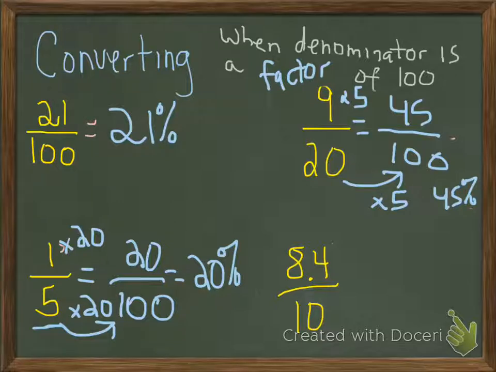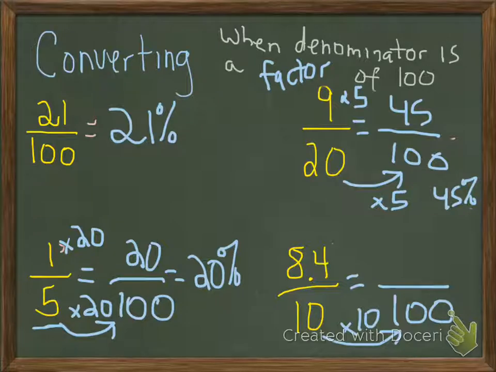Okay, 8.4 over 10, same deal. It's just a little trickier maybe with the decimal in the numerator. Now we're going from 10 to 100. That's 10 times bigger. Therefore, we multiply the top by 10. And we talked about this with our last unit. When you're multiplying a decimal by a power of 10, in this case 10 itself with just one zero, the number of zeros is the amount of places you can move the decimal.